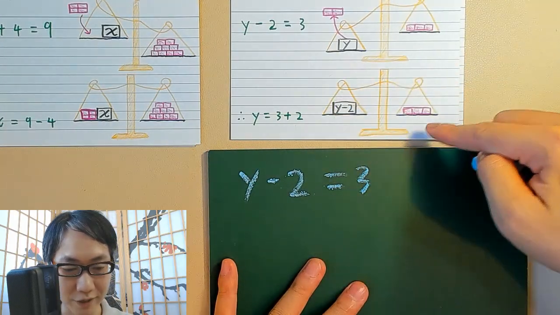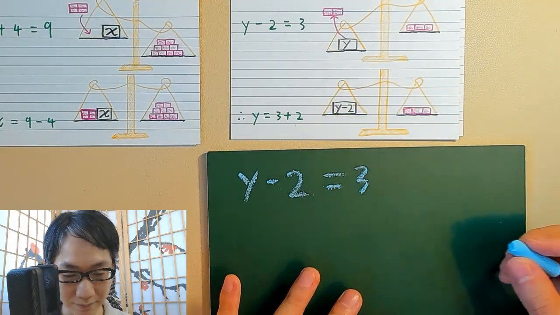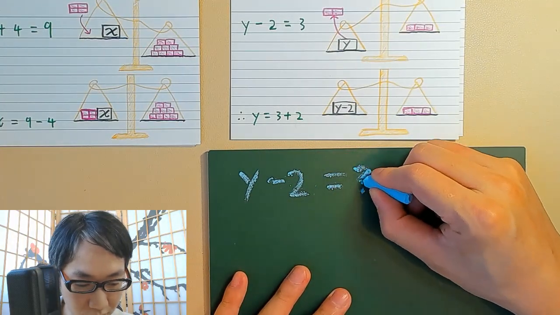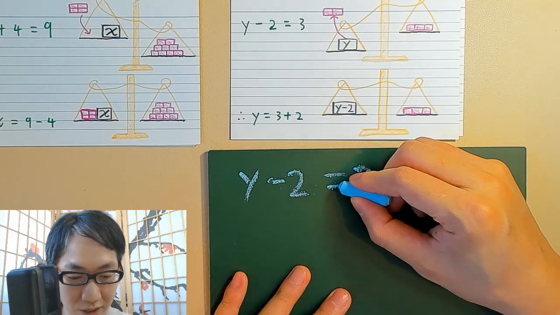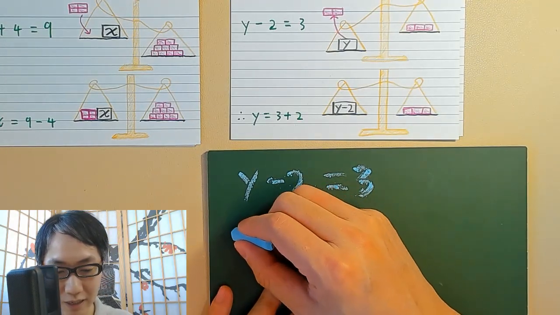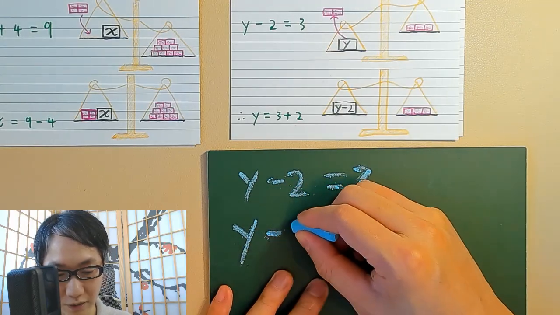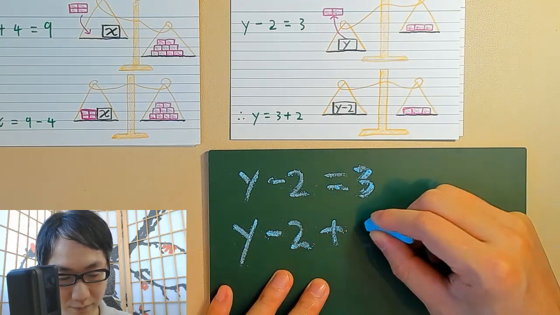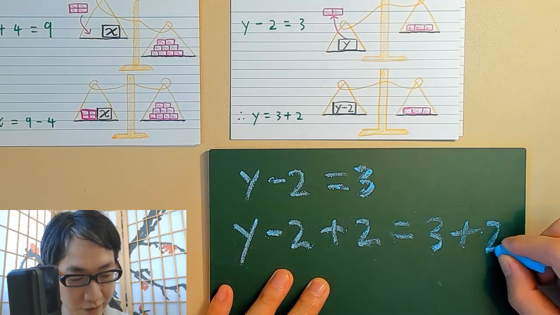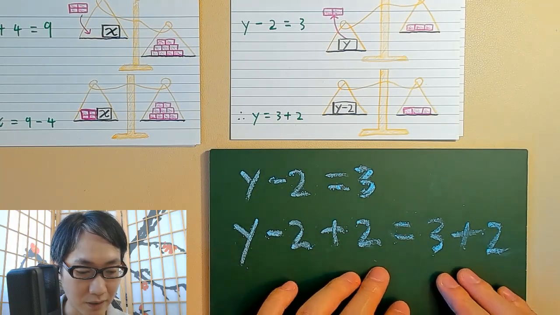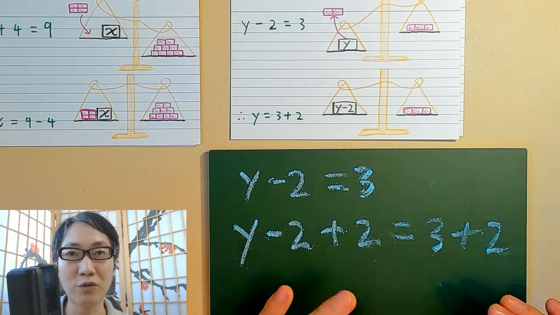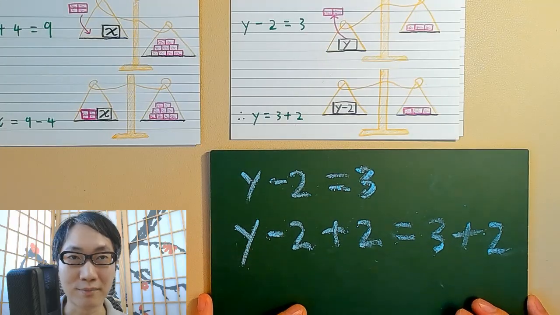So we start from right here. So this is the equal sign. So we can do whatever we want as long as we keep both sides equal. So let's say I add 2 to both sides. I definitely can, because this will not disrupt the balance. I'm adding an equal amount of unit masses on both sides.